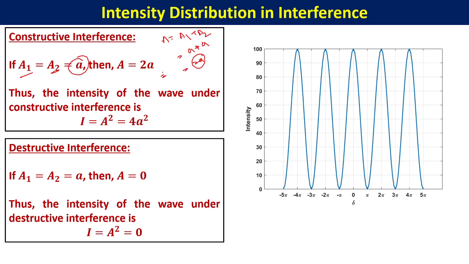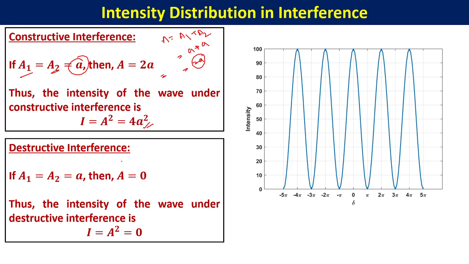Now intensity, how do we express it? Intensity is expressed as the square of the amplitude. So for the resulting wave, the square of the total amplitude is the intensity. So I is equal to A square, which is equal to 4a square, because A is equal to 2a. If you square it, 2 square is 4, and a square remains a square.